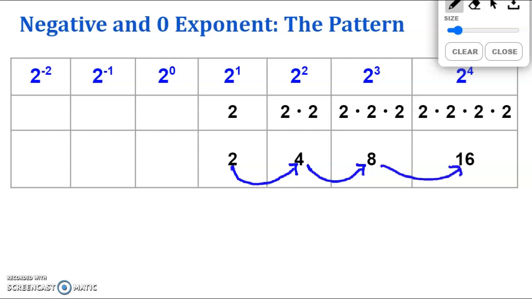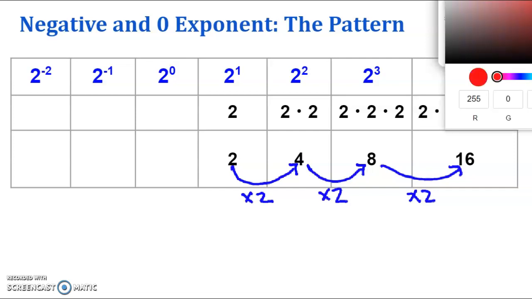Hopefully you're telling me that it's being doubled, or it's being multiplied by 2. Because 2 times 2 is 4, 4 times 2 is 8, 8 times 2 is 16. And you can actually even see it from here. Whatever the previous number was, to get to the next number, we just multiply by another 2, and another 2, right?